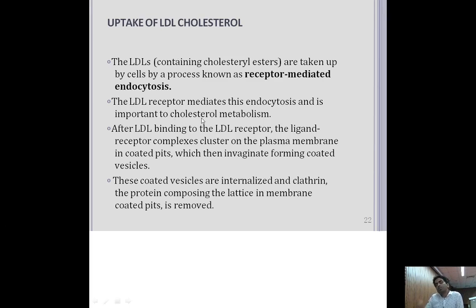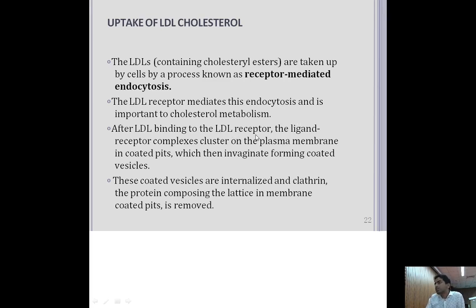That cholesterol will then be utilized for the formation of vitamin D, steroid hormones and so on. So the LDL receptor mediates this endocytosis: the LDL binds to the LDL receptor, and then the LDL receptor plus LDL undergoes endocytosis.